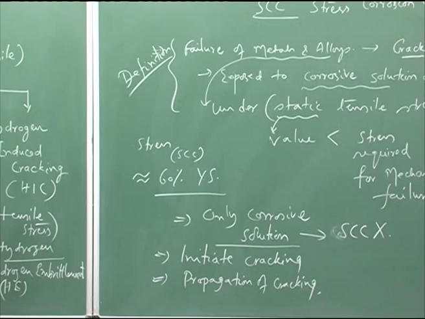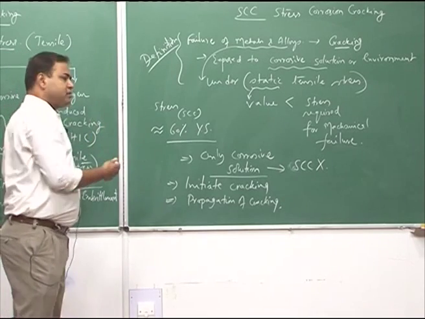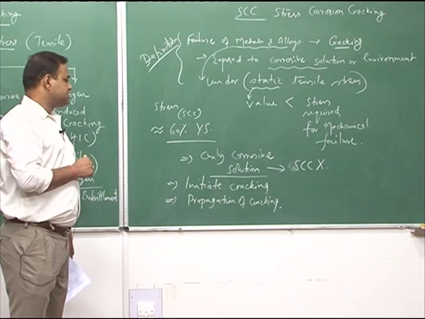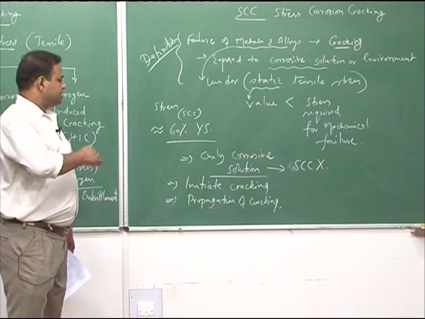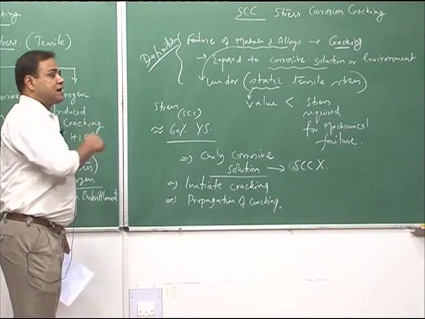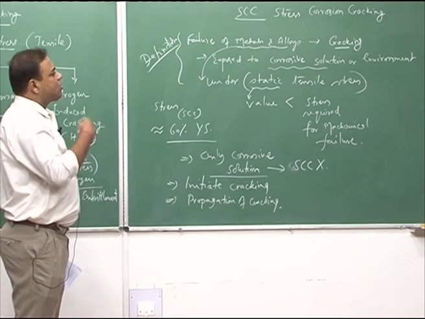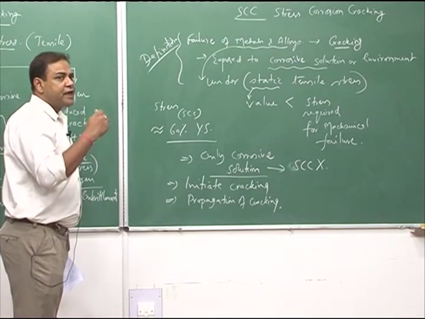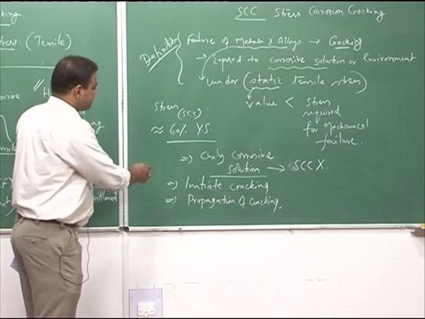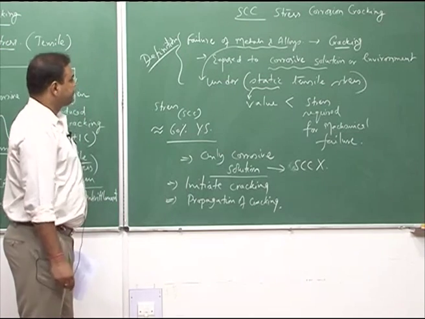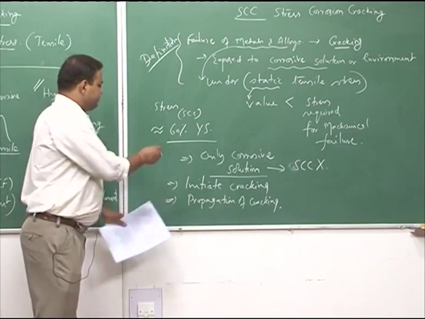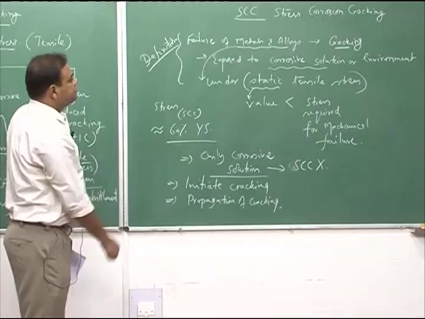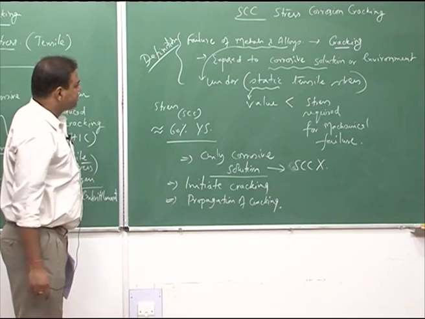Okay. So, that means the corrosive solution can act during initiation, or during the propagation process of the crack, and all the time there would be a dissolution or anodic reaction that would lead to initiation or propagation of cracking. So, these two processes can happen due to the corrosive solution, and what would be the action of stress?